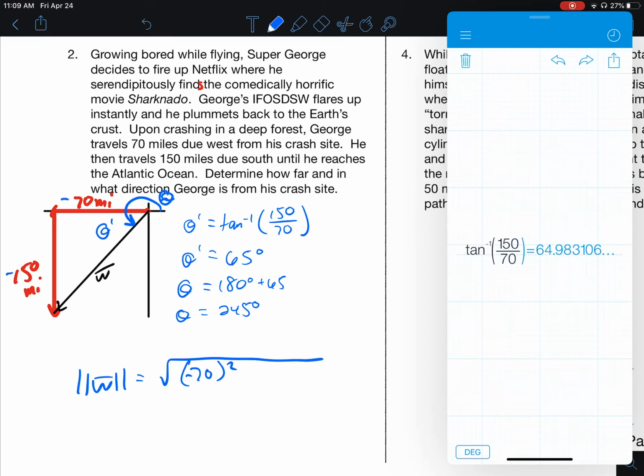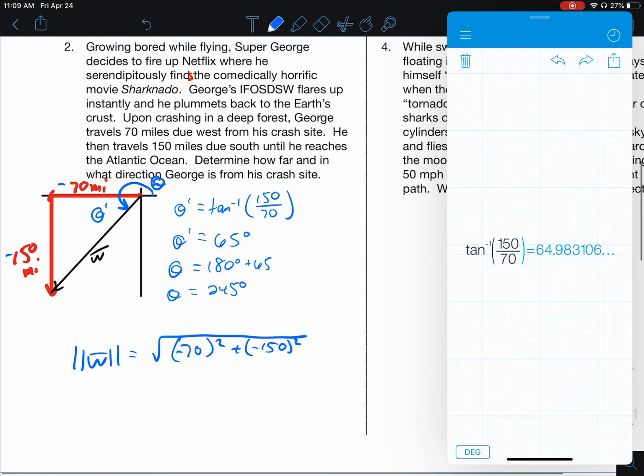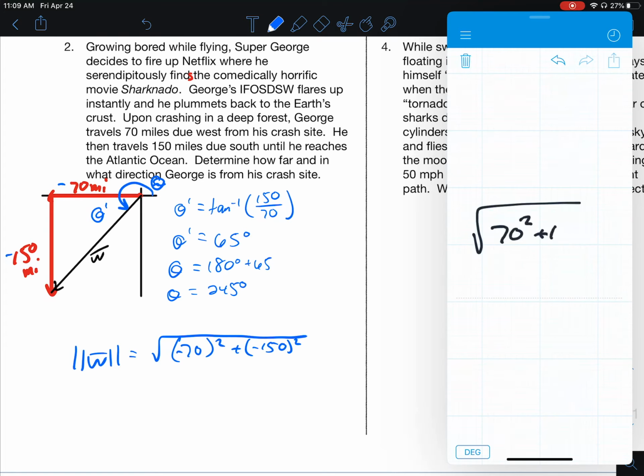But if you square it, it's going to become positive. And the y direction squared. This is going to be the square root of 70 squared plus 150 squared. We can just simply skip the intermediate steps. This is about 165.53. What kind of units do we got? Miles.